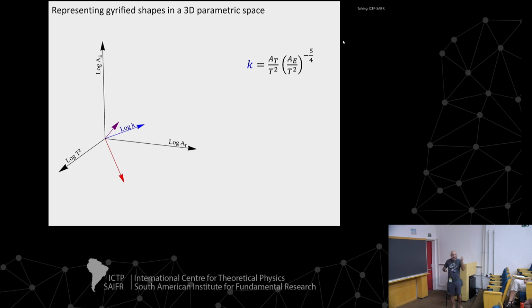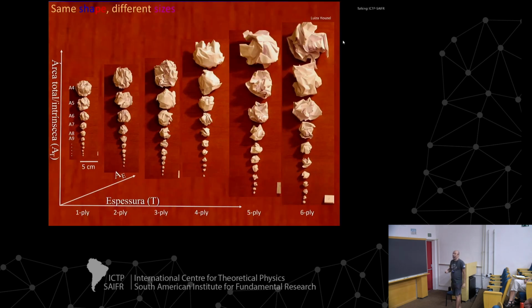Which means that we can find another variable that captures the size, and that's going to be orthogonal to it. And how do we find this? Well, let's go back to the paper balls. If you look statistically, and this is one of the projects I'm going to propose that one or two of you can actually do, you're going to be able to see that these two balls connected by this purple line have roughly the same shape.